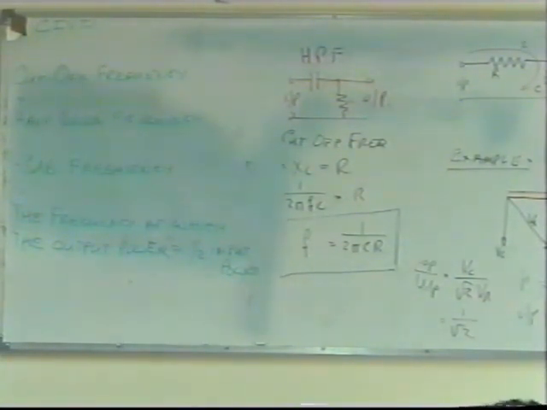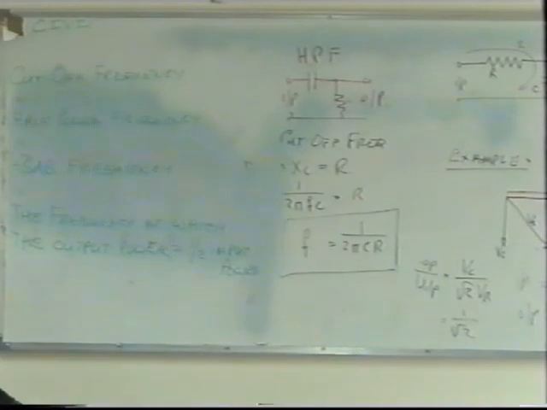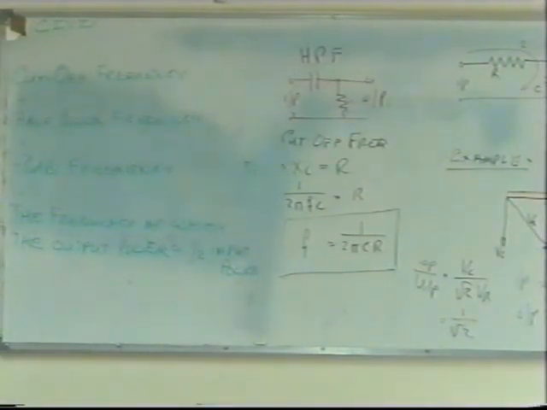All of those mean the same. In a test, you might find any one of those three things, and you've just got to remember that they all mean the same thing: cutoff frequency, half-power frequency, minus 3 dB frequency. For a high-pass filter it would also be the 3 dB frequency.